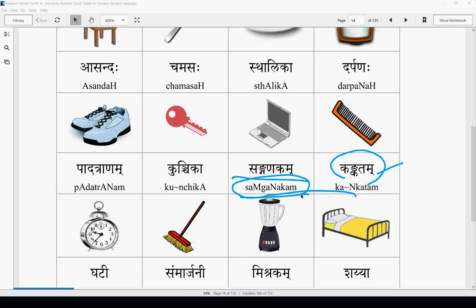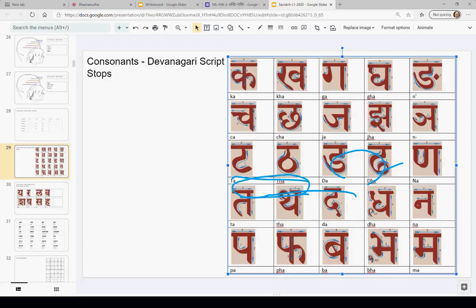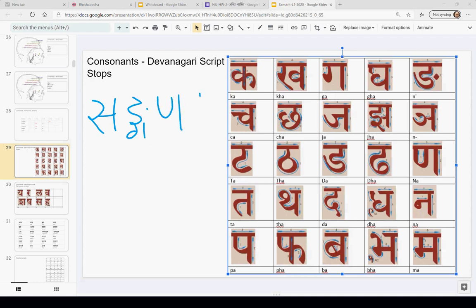So now, going back to the slide here. Anyway, I'll fix that transliteration, but for your understanding, Sanganakam is usually like this, correct? Because Ga is here, and Ga following that, the anunAsika is like that.